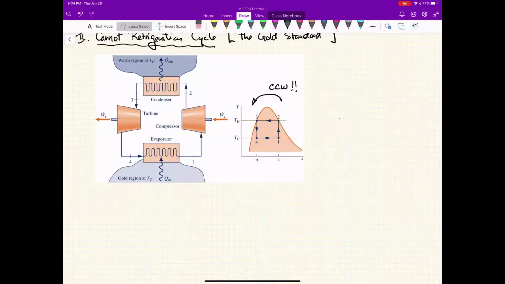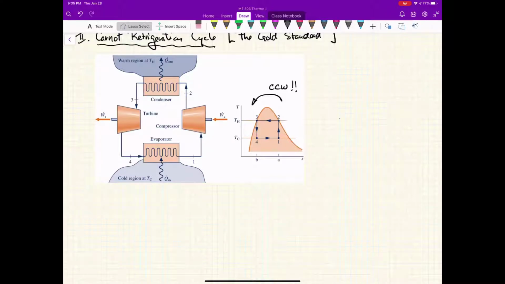So the compressor takes a refrigerant that is, in the case of this particular system, saturated. It has some liquid and some vapor, and it compresses it until its quality is exactly 1, and it does so reversibly.